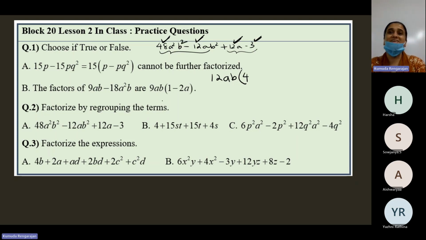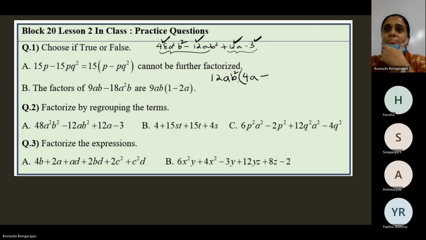So 12ab square will be common. So it will be 4. 12 4s are 48. a into a is a square and b square is already there.